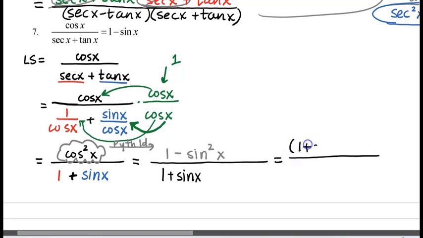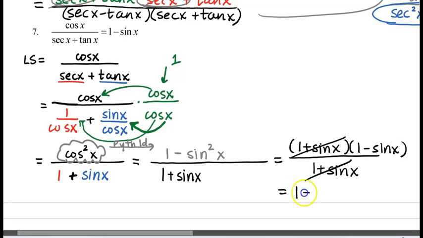What using that Pythagorean identity does for me is it allows me to now factor the numerator as a difference of squares, because 1 minus sine squared factors into 1 plus sine, 1 minus sine, and then I can cancel the factor of 1 plus sine that shows up and be left with the right-hand side, which is simply 1 minus sine, which establishes that identity.